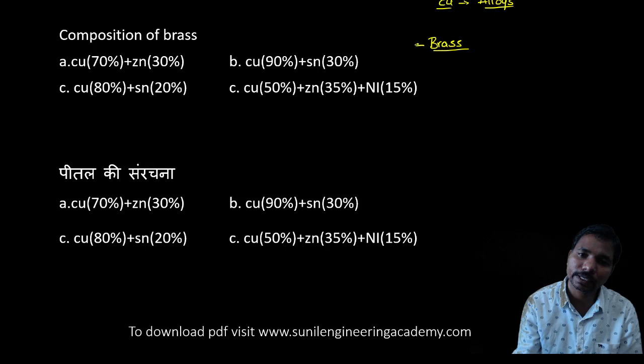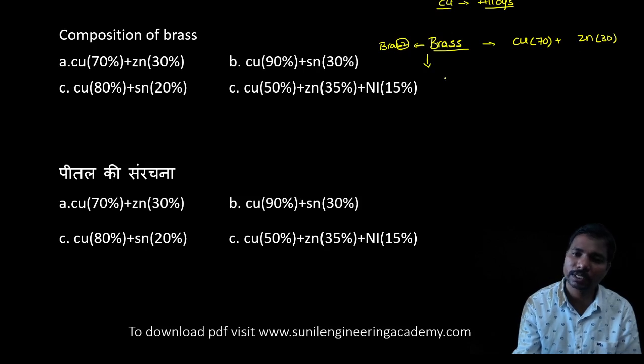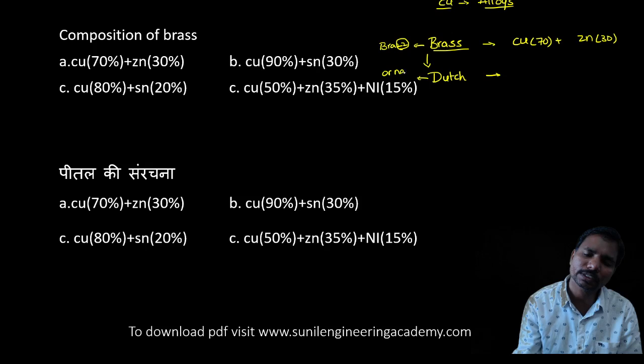Brass is a mixture of copper plus zinc: copper 70, zinc 30. Another alloy with the same composition, copper plus zinc, is Dutch metal. It is used to make ornaments, rolled gold items, which are more shiny.